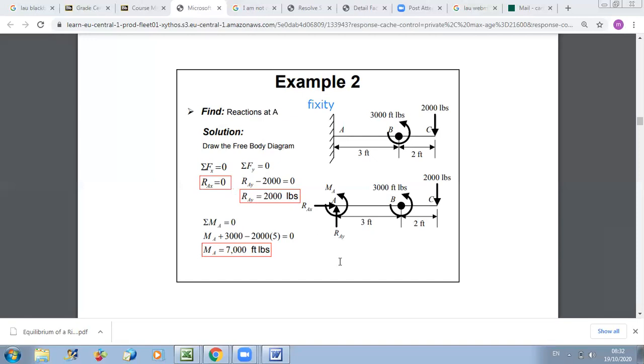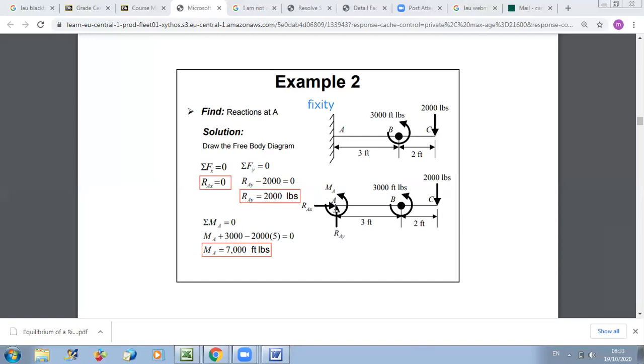Now, in order to solve for RAY, also it's very simple here because you have only one other force along Y. So you can do sum of Y equals 0. It will give you plus RAY minus 2000 equals 0, and you get RAY. Now to get your couple, MA, you can do sum of moment about any point in your figure.